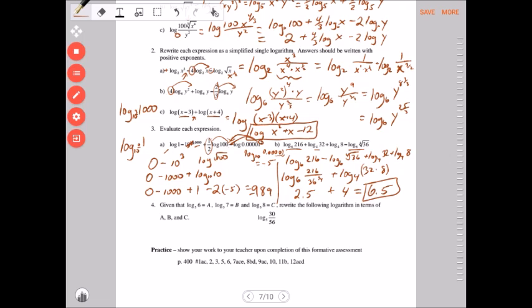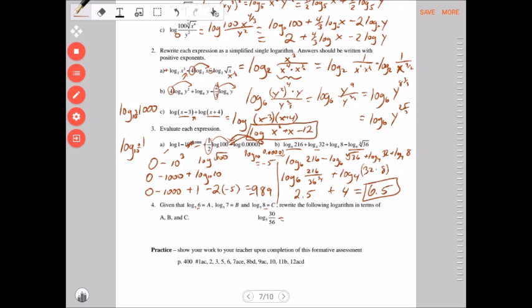Okay, number 4. Given that log base 5 of 6 is A, log base 5 of 7 is B, and log base 5 of 8 is C, rewrite the following logarithm in terms of A, B, and C. All this means is that we're going to end up factoring all of these things. When we factor 30, we want to have 30 in terms of 6, 7, or 8.